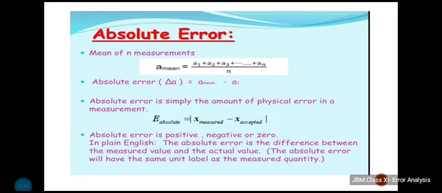The arithmetic mean of these values is taken as the best possible value of the quantity under the given conditions of measurement. So you all know how to find the arithmetic mean. You simply add up all the values and divide by the number of observations, as you can see in the picture: A1 plus A2 plus A3 and so on up till An, divided by n. That can also be written as the summation of Ai divided by n.